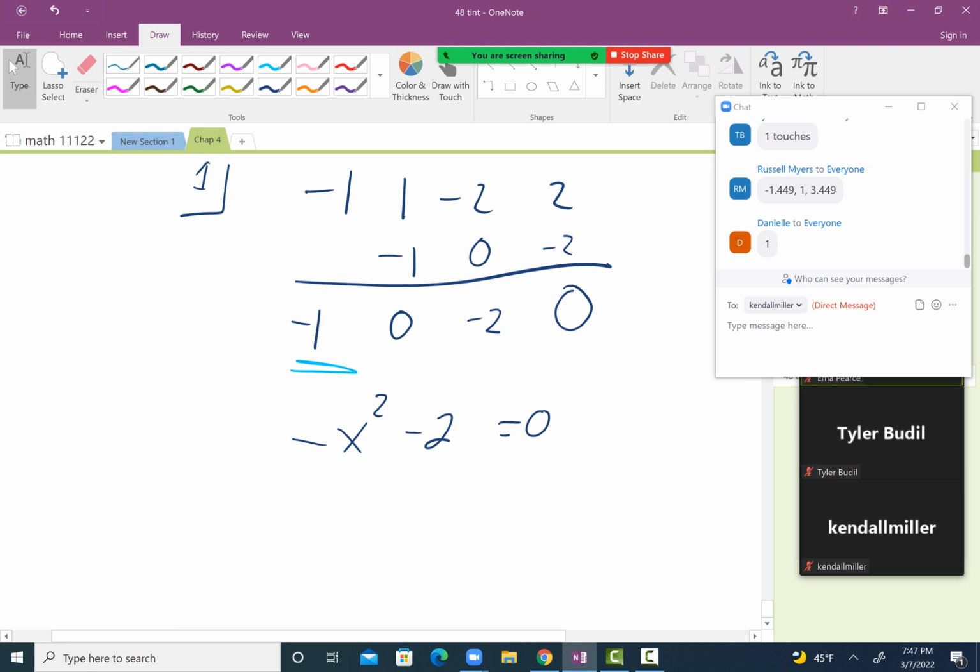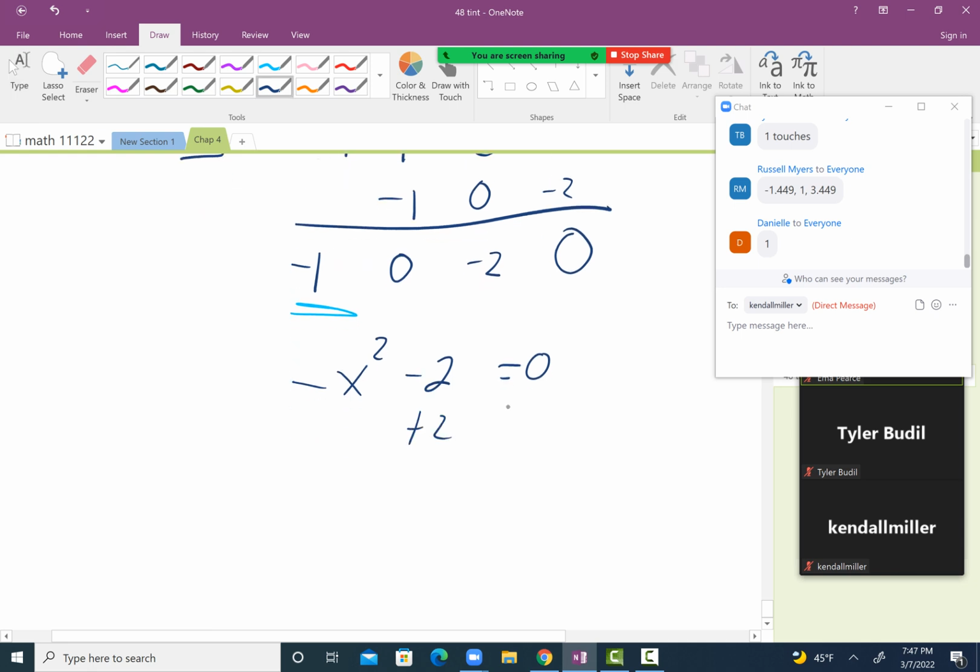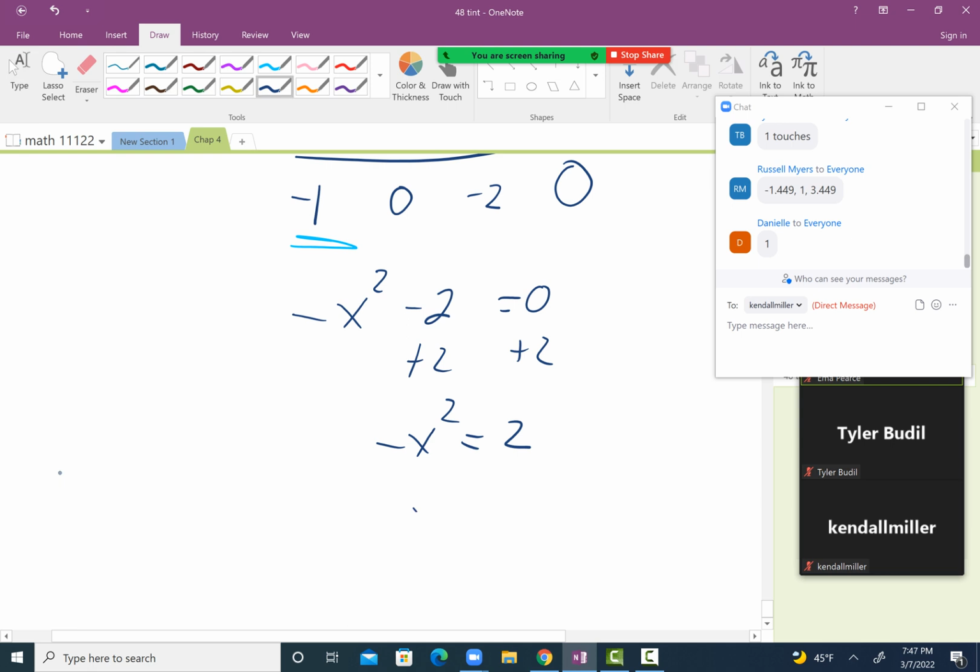Now, in this particular situation, you can use the quadratic formula. It's not the wrong thing to do. But it's easier to just straight up solve this, because all we got to do is add a 2 to both sides, divide by a negative 1, and get that.